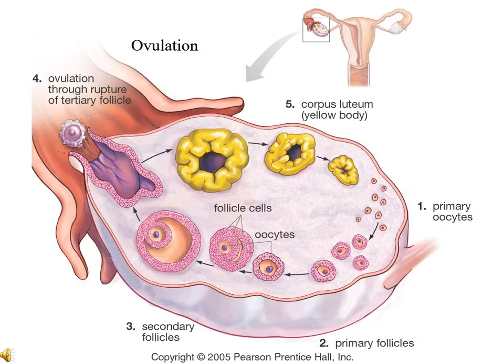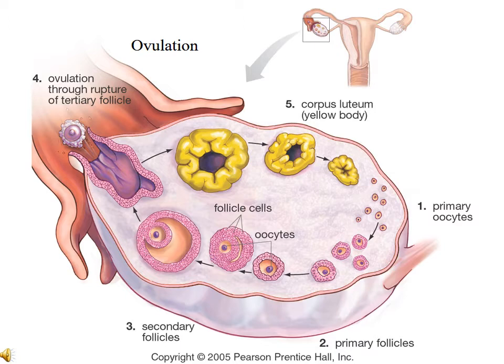First of all, let's look at the process of ovulation, which takes place once a month in females. Ovulation is the process for releasing an egg into the fallopian tube. If we follow this process from the right, once a month, an immature egg is anointed to go through a development process.